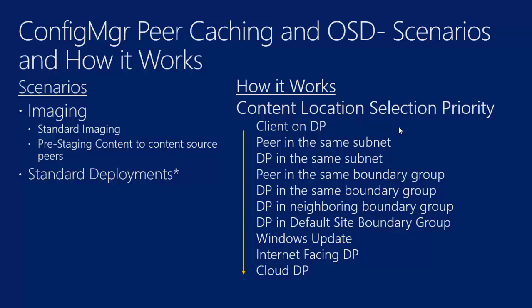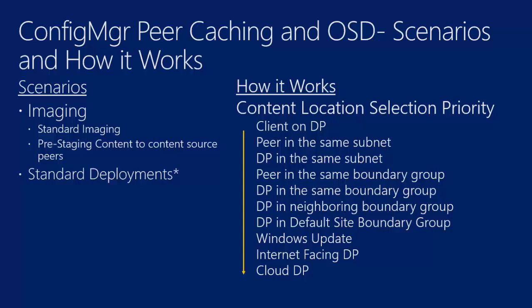Now, in order for peer caching to work and to be factored in at a higher priority than traditional DPs, we've got to have a selection criteria, a selection order, if you will, to establish priority. And this is what it is. So if we have a client on a distribution point, we're going to use that distribution point because that distribution point is local to us. Beyond that, I mentioned that we will use our boundary groups as a way to define our super peers or content source peers we can talk with.